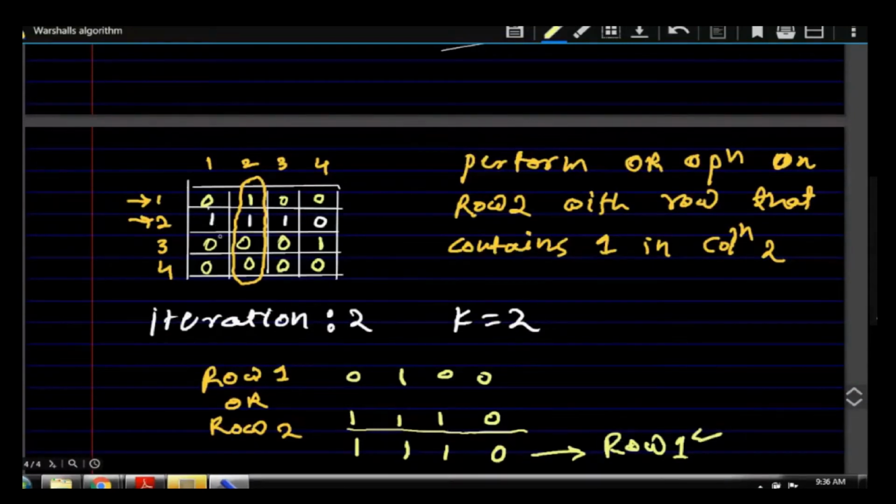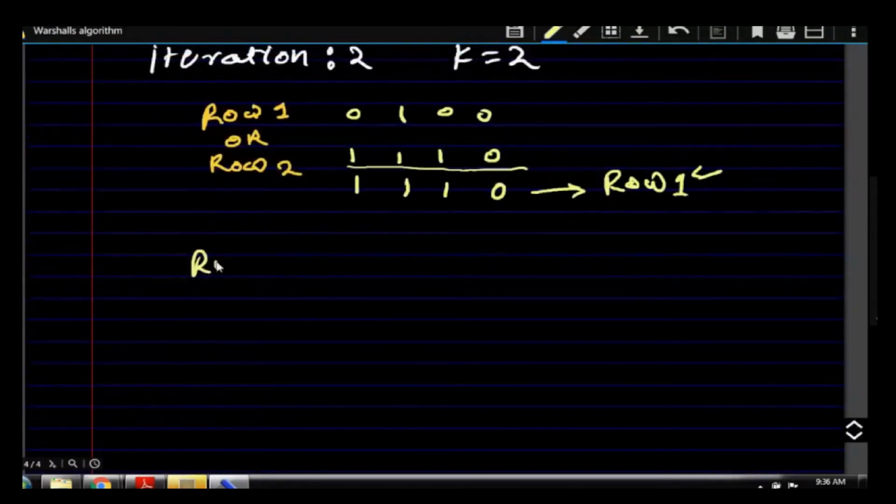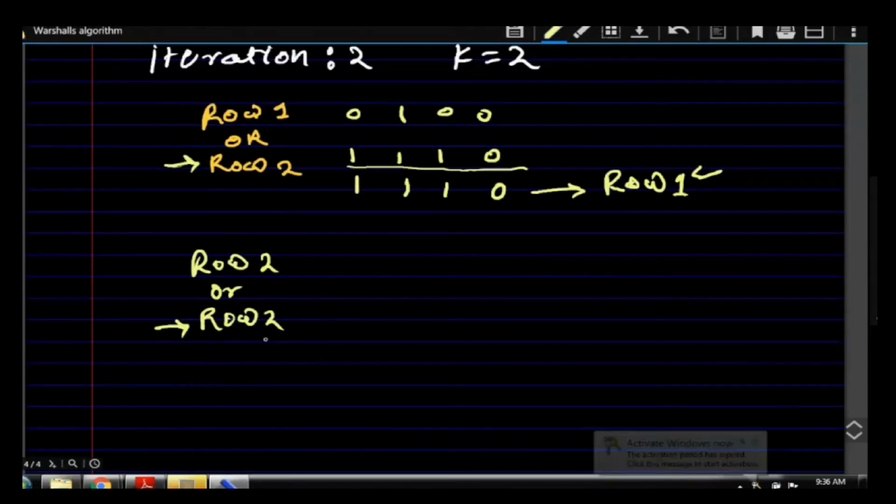Now row 2 also contains 1 here. But what will happen if you try to OR row 2 with row 2? Because k equals to 2, the second row should be fixed. So for k equals to 2, the second row should be fixed, that is row 2.